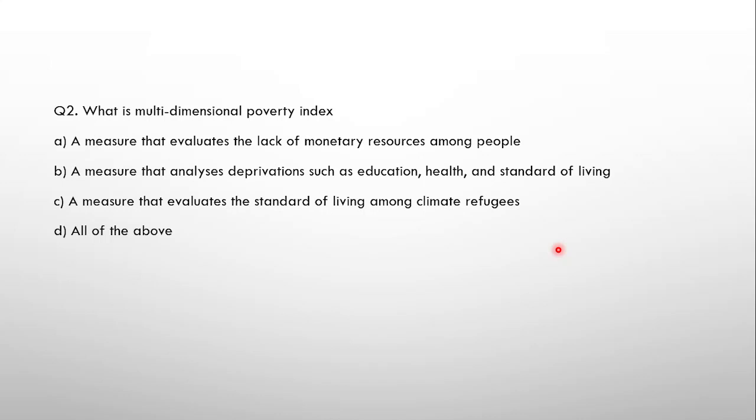B, a measure that analyzes deprivations such as education, health, and standard of living, that is, in addition to the income. C, a measure that evaluates only the standard of living among climate refugees, that is, people who come from other places because of climate disasters. Or D, all of the above.